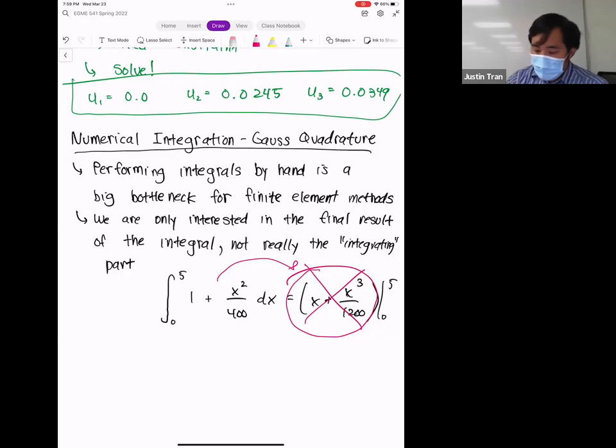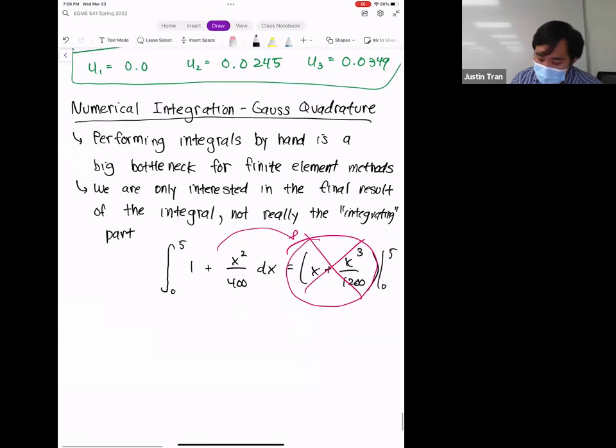And so luckily, there's a method for getting the result of an integral without having to take the antiderivative.